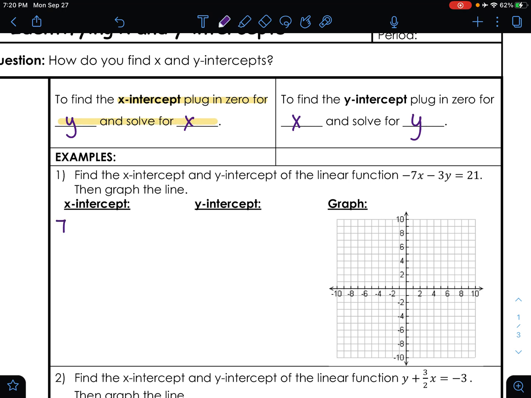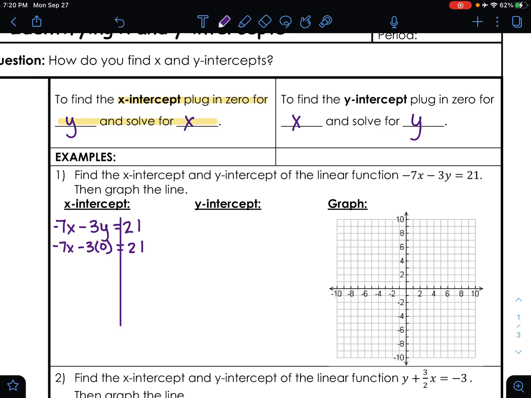So I'm going to rewrite my expression, negative 7x minus 3y equals 21. I'm going to draw my line through the equal sign, and I'm going to plug in 0 for y. So negative 7x minus 3 times 0. And now I'm going to solve for x.